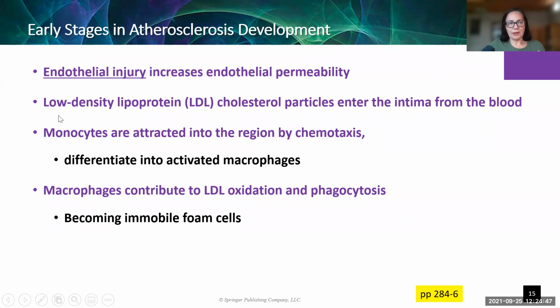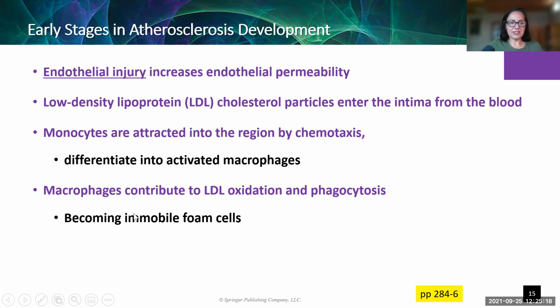The next thing that happens is the low density lipoprotein, or LDL cholesterol. Those particles enter the intima, so get under the endothelial layer from the bloodstream. Then some white blood cells show up, the monocytes. You may remember the monocytes are the ones that once they get into the tissues, they're going to be activated and they become macrophages.